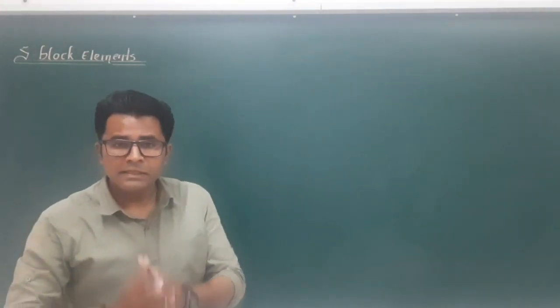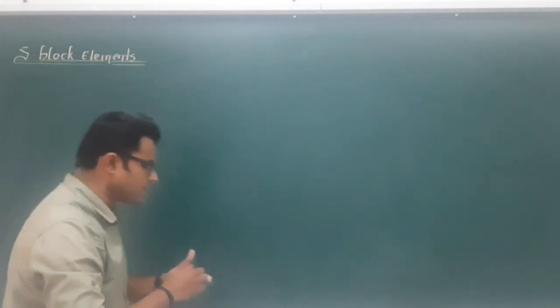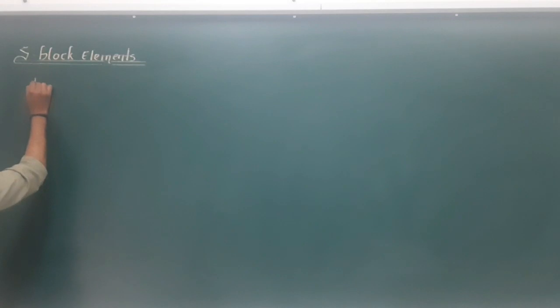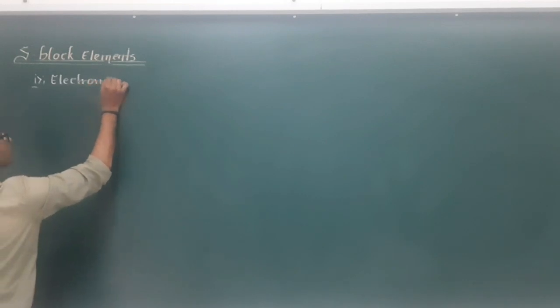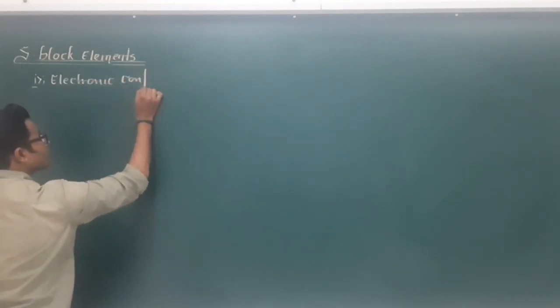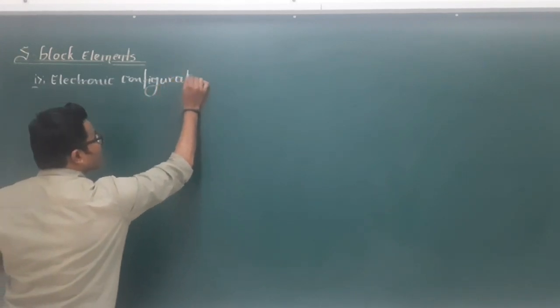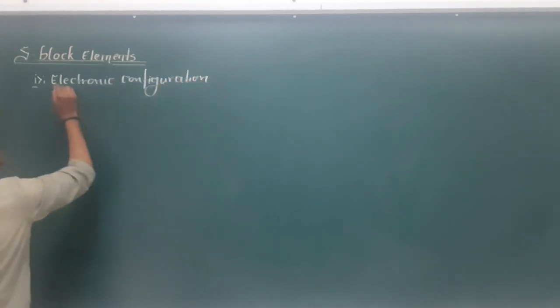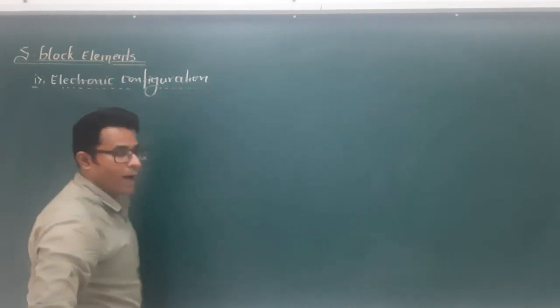Right, coming forward, to look into the different types of properties, starting with the first one, that is the electronic configurations. But this time we are going to strictly discuss this phenomenon with respect to group 1.